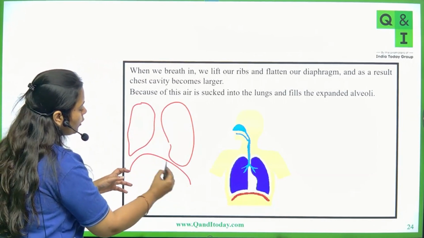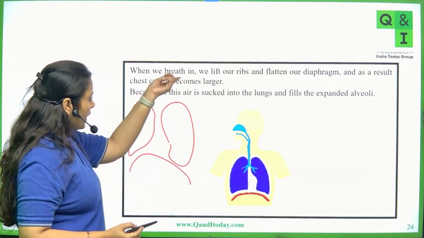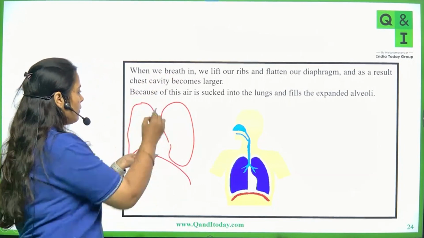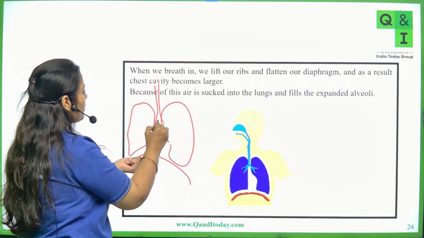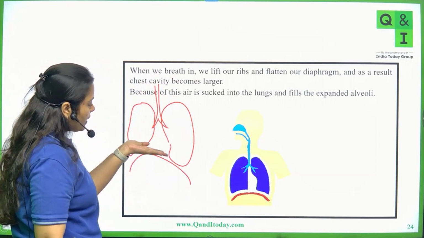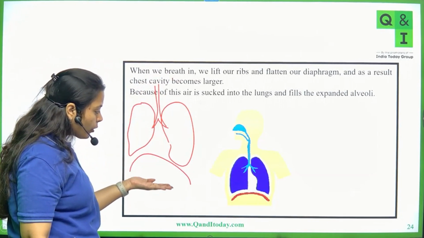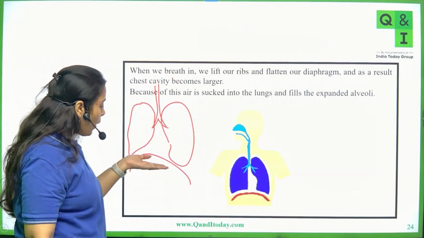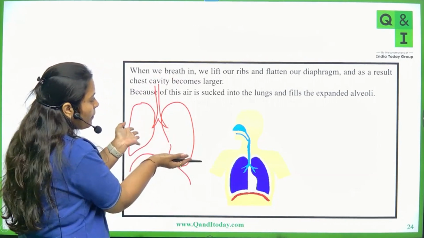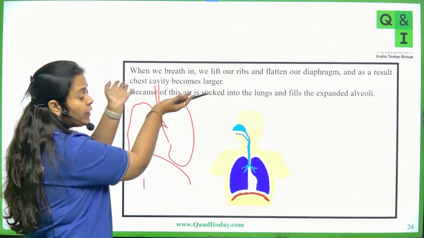What happens to this diaphragm when the air has to come inside? The diaphragm will go down, it will flatten, and the rib cage, which surrounds the lungs, will be lifted up.